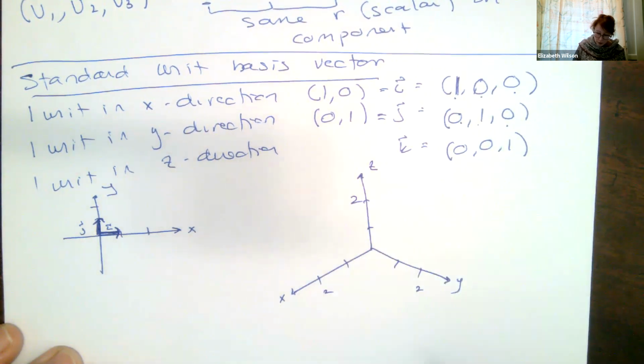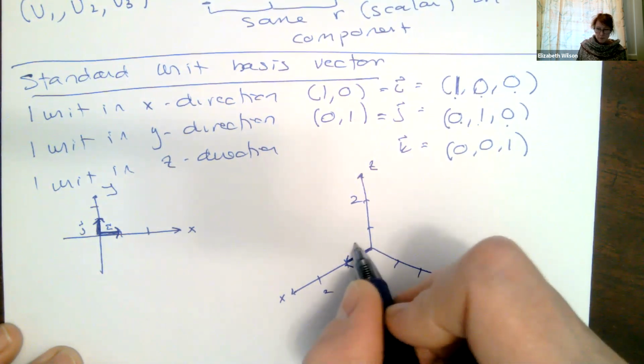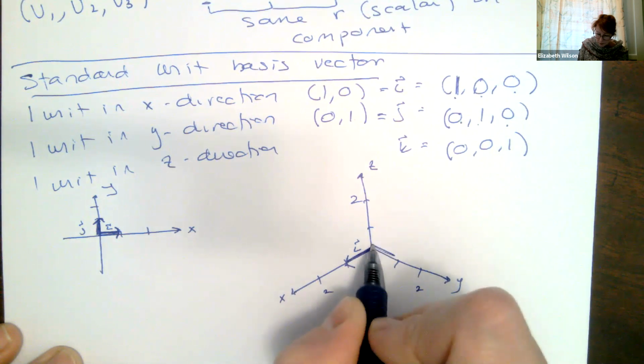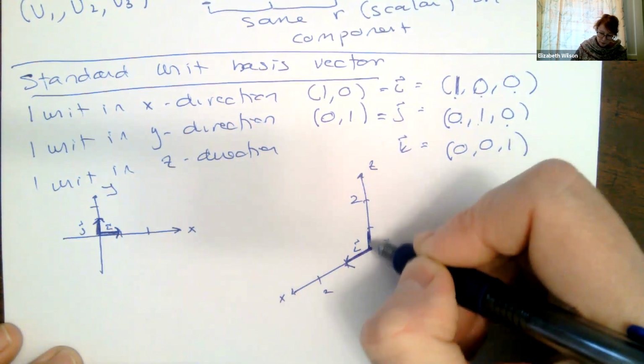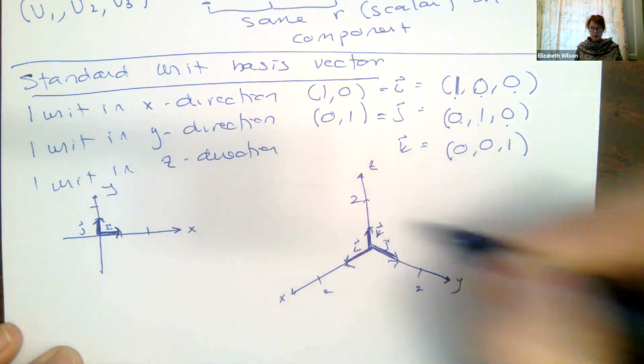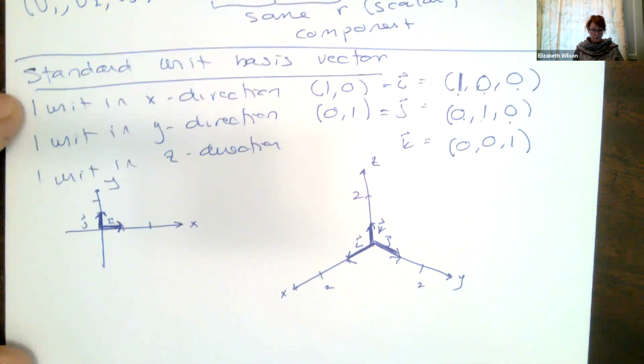I'm going to go 1 unit in the X direction, 1 unit in the Y direction, and 1 unit in the Z direction. These things are important because they allow us to do linear combinations of a vector.